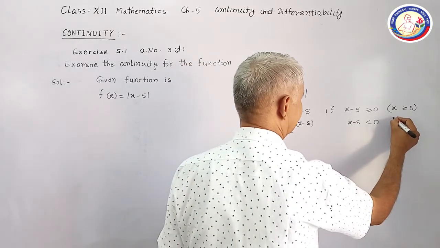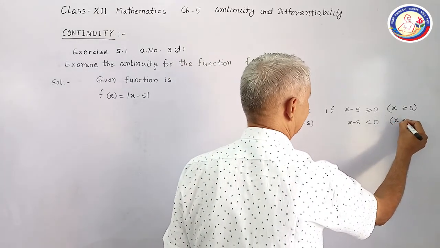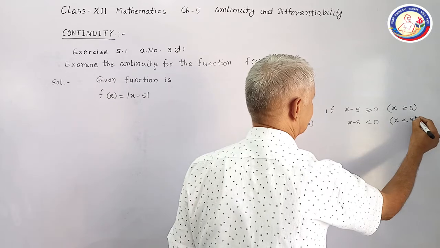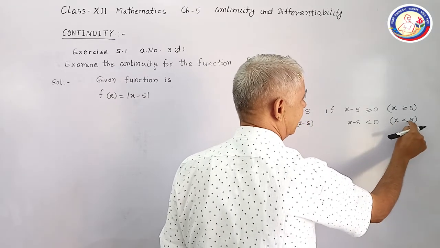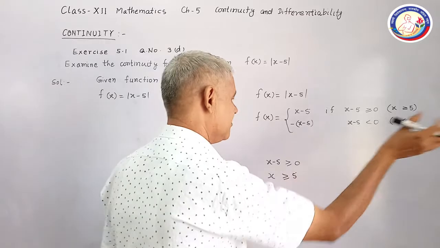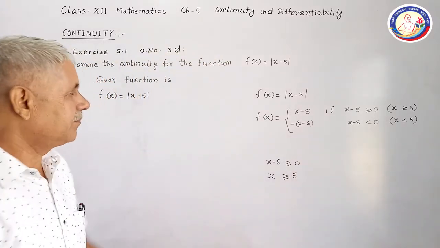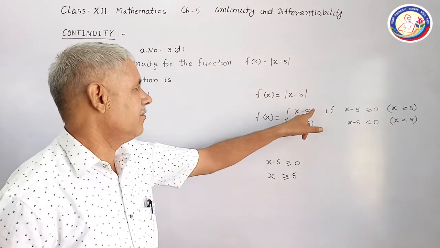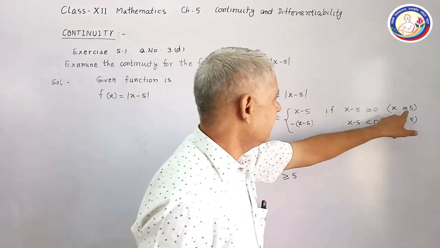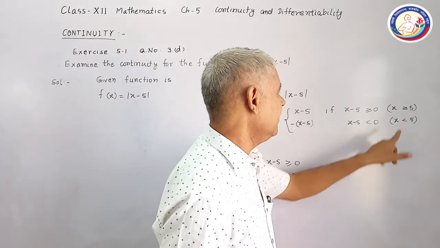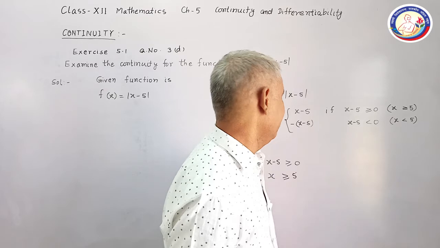Or we can write it simply as x is less than 5. So we have split the domain in two parts. First, x is greater than or equal to 5, and second, x is less than 5.